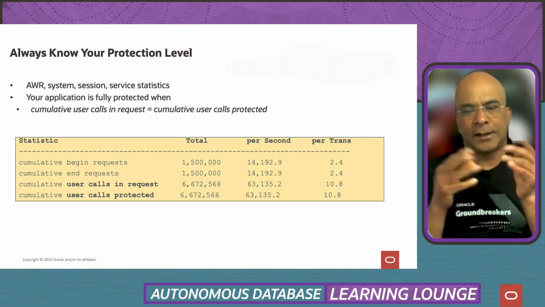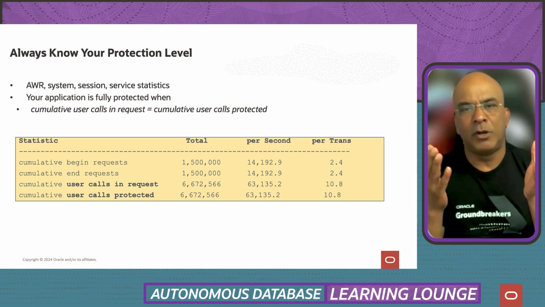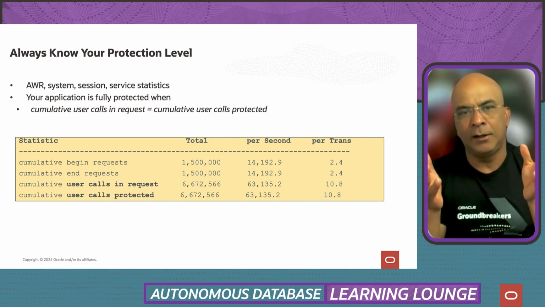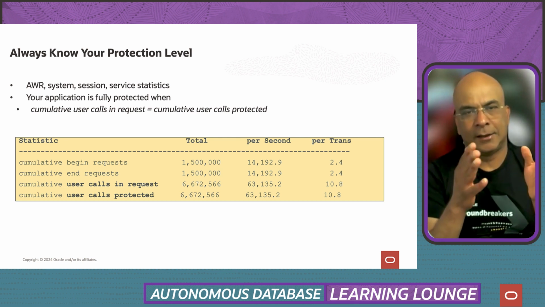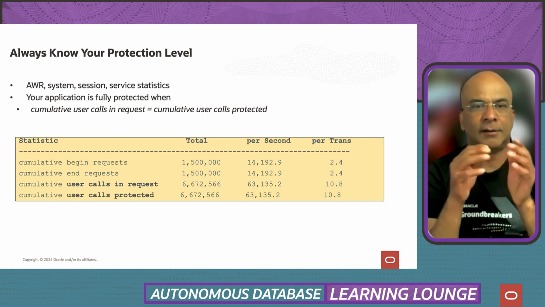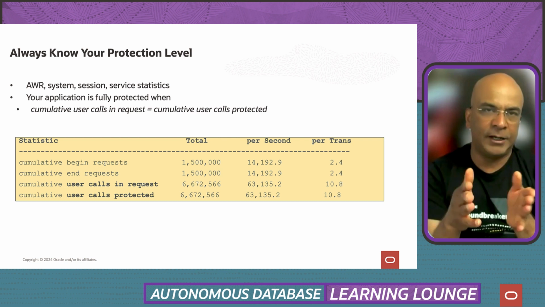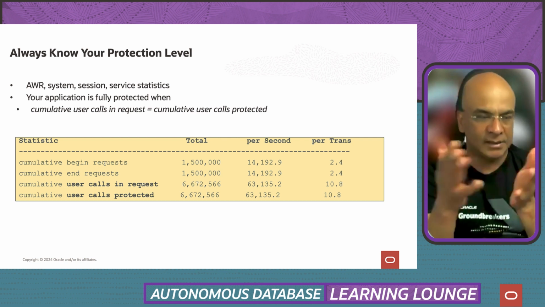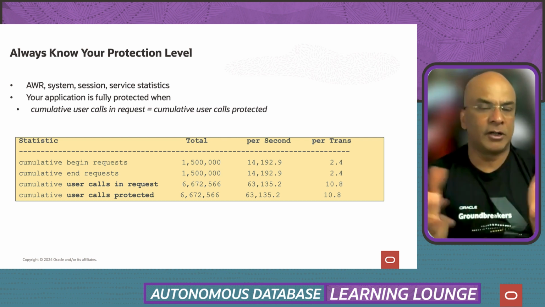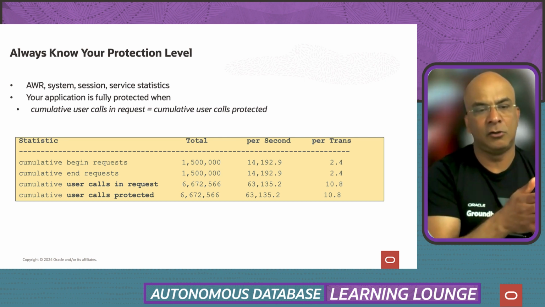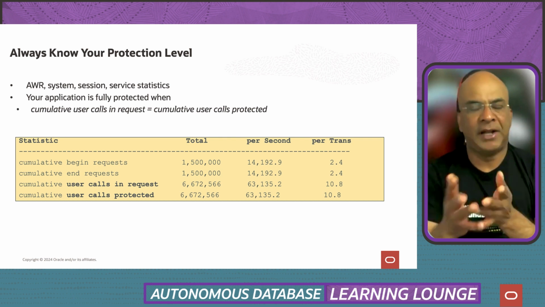Most important thing, as I said, is that you want to know your protection level, as in how much your app is protected, and there is a very easy procedure that we provide. Lately, we have made it into an AWR report, so you can actually see this in the AWR report. Essentially, what it tells you is you need to make sure your cumulative user calls in request and user calls protected are very similar.